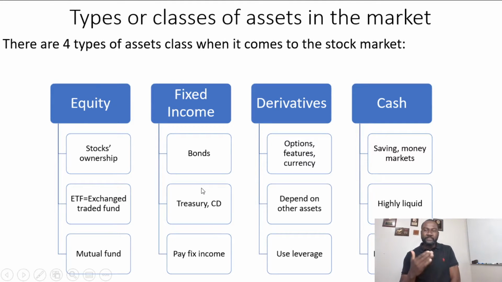So let's look at the four types of asset class that we have as paper assets. Equity is what we call stock ownership. You own the stock, and when the company grows, and its assets are more than its liabilities, or when it makes money, you have equity in the company.